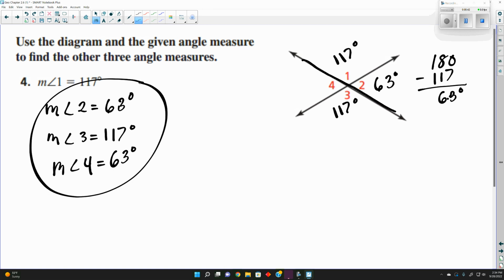Questions on this here? Yes. Because two angles that make a straight line are a linear pair, or they add together to be 180. Any other questions on this here?